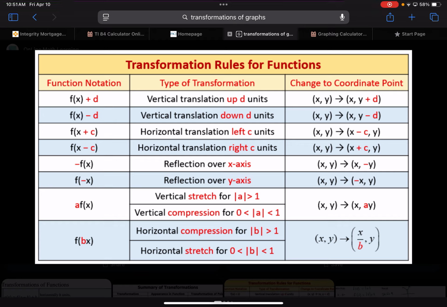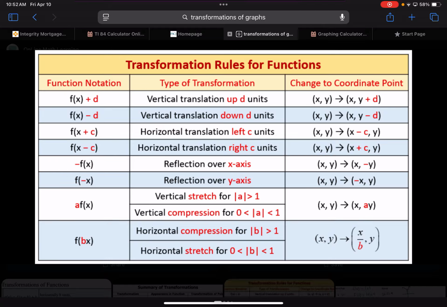Then the second one is obviously subtracting from the function, so that moves it down. So we subtract d from the y coordinates. The next one is adding c directly to the x. In what we're doing right now, that would be when we have something added in the exponent, x plus a number, directly in our exponent.